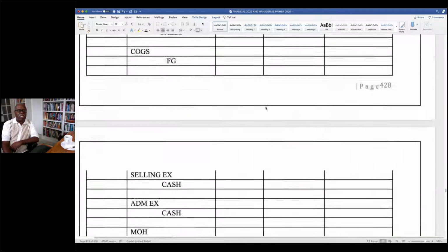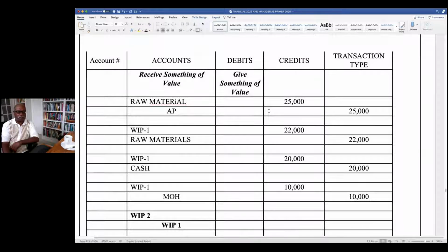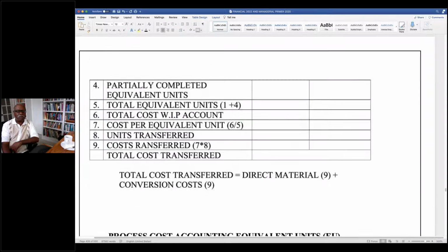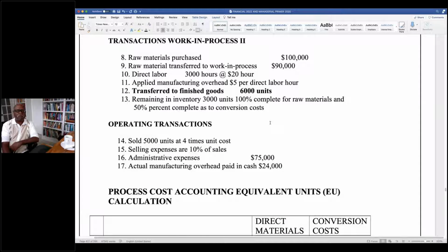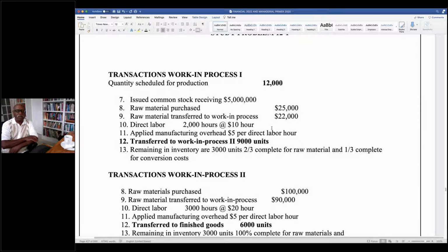Okay, so what's our next transaction? Transfer to finished goods. Transfer the work in process for 9,000 units. So how many units did we start? 12,000. And how many did we finish? 9,000.